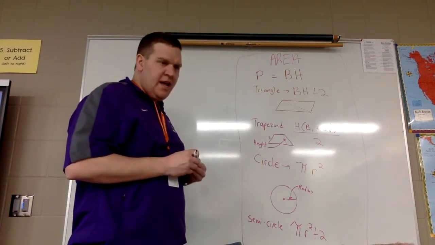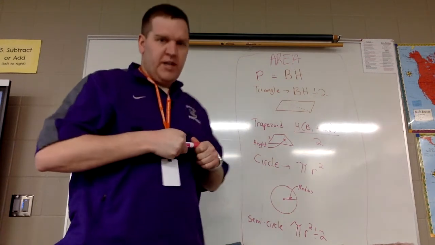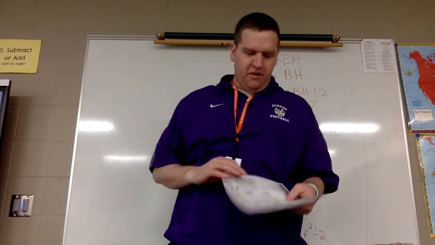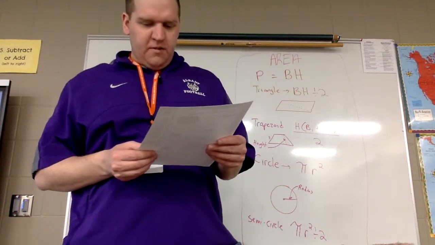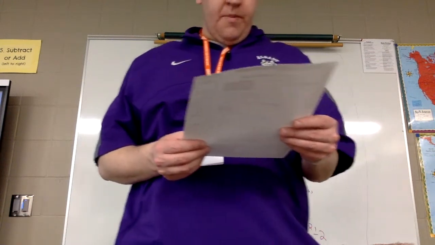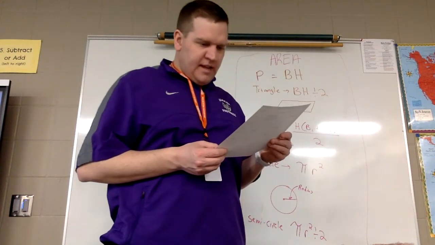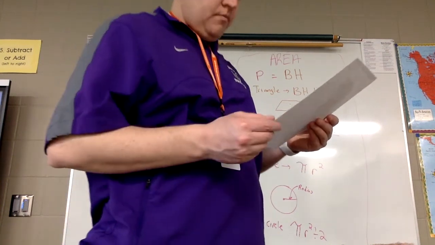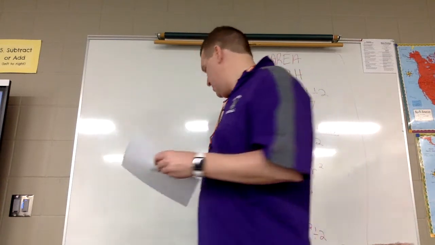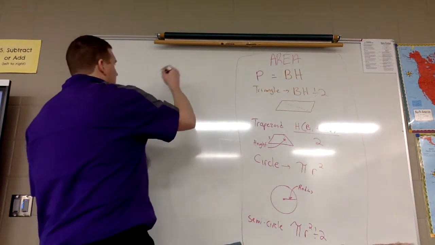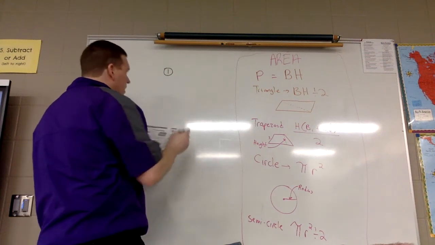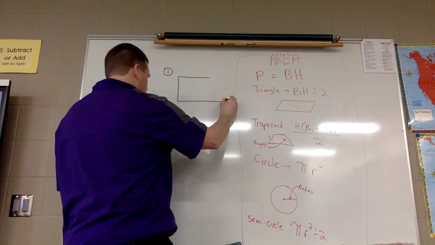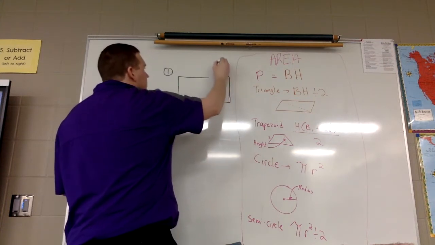So today we have a bunch of figures in your packet that are comprised of multiple shapes. So if you look at the first page, page 561 in your packet, and you look at example number 1, you have a shape, and it looks something like this.